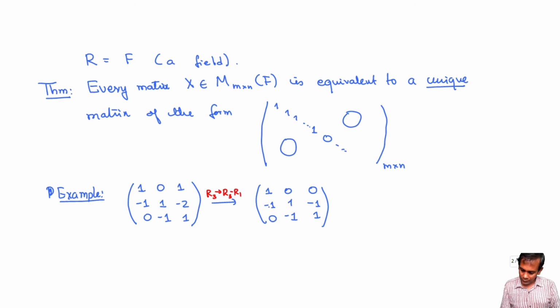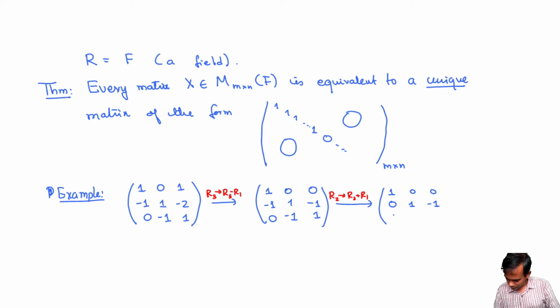Now I'll try to make this entry here 0, so I'll do a row operation. I'll take the first row and add it to the second row, R2 goes to R2 plus R1. Now what you'll get is 1, 0, 0; 0, 1, -1; 0, -1, 1.